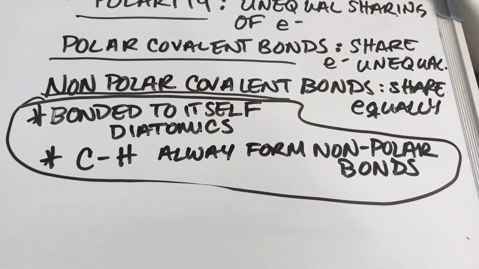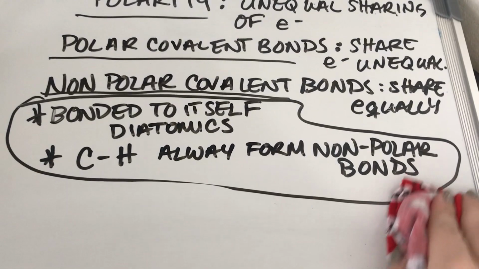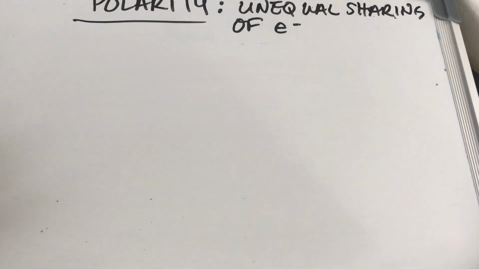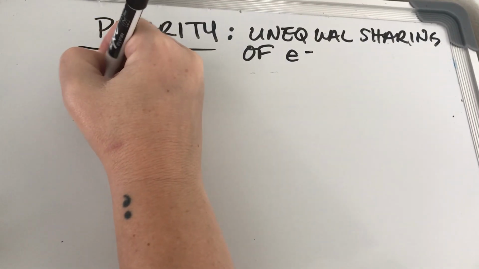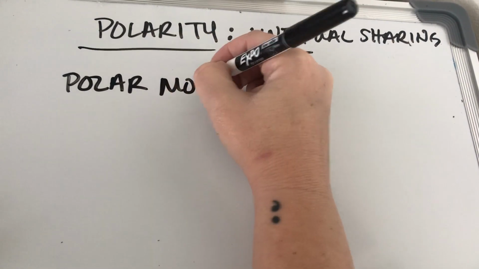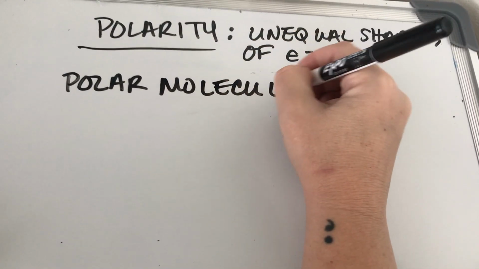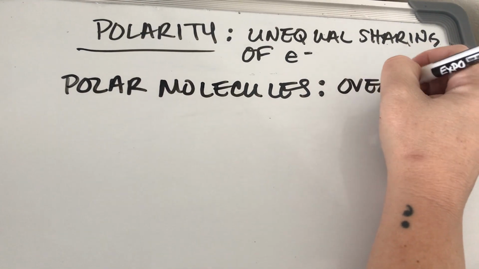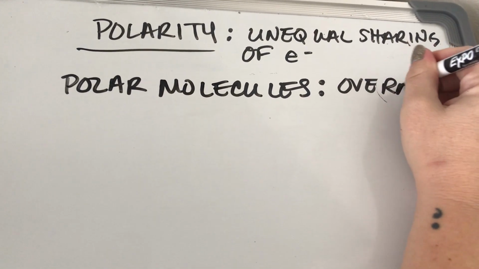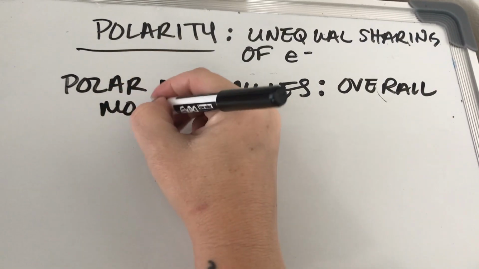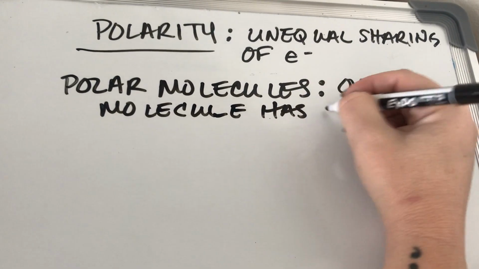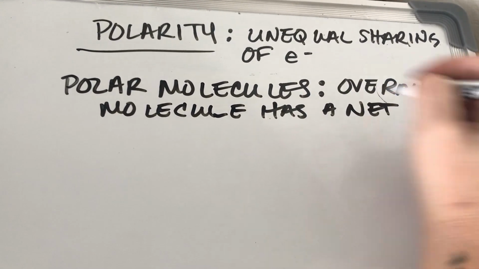So is it okay if I erase, guys? Cool. So that brings us to the next thing we want to talk about. So we talked about polar bonds. Now we want to talk about polar molecules. Right? So a polar molecule means that the overall molecule has a net dipole.